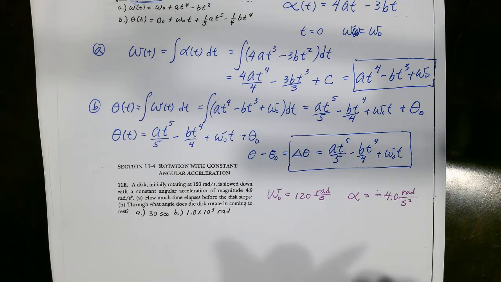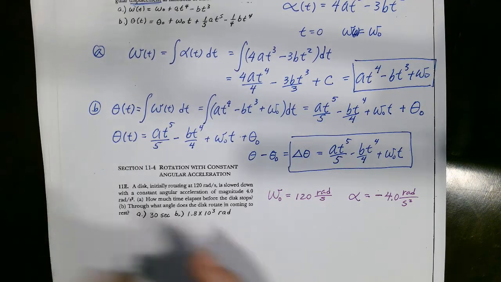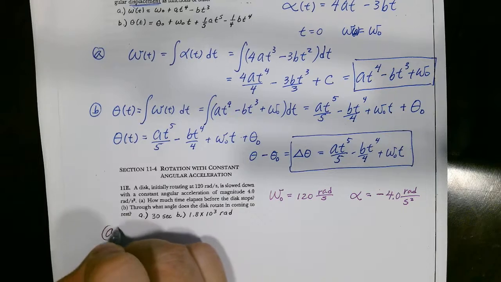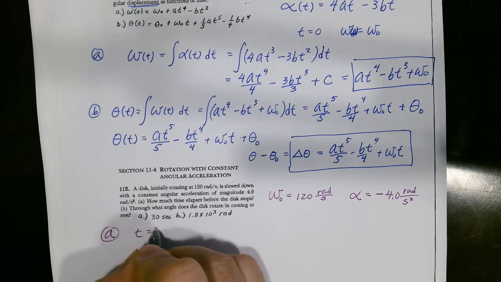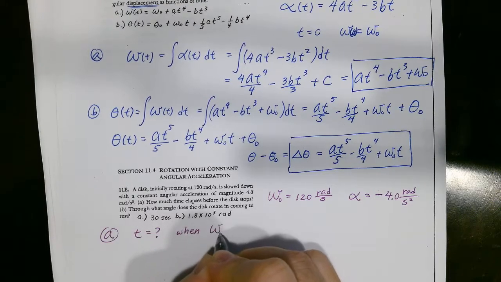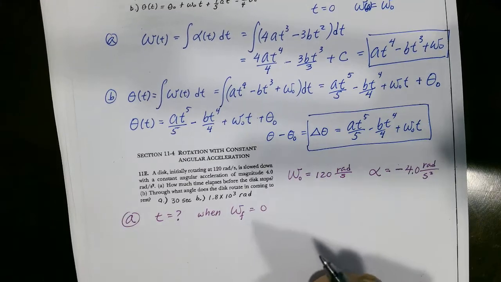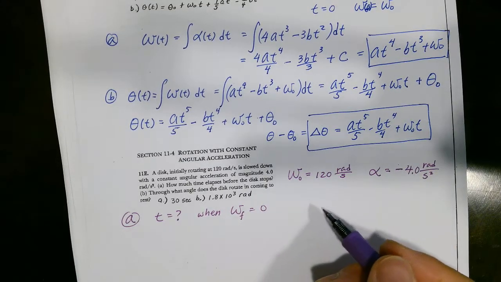How much time elapses before the disk stops? So they want us to find time, right? So for part A, they want us to find time when omega final is equal to 0. Well, we know everything, right?